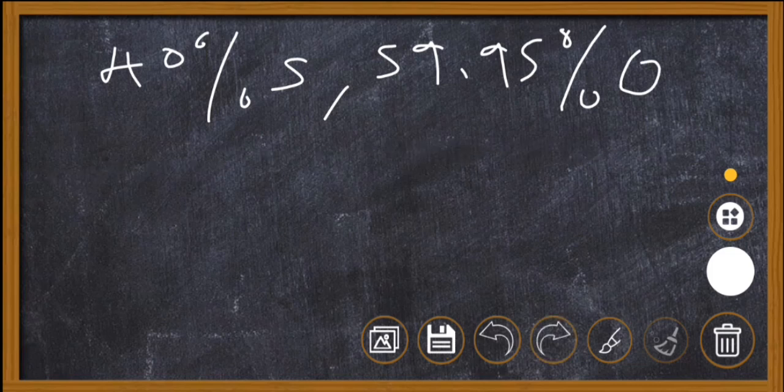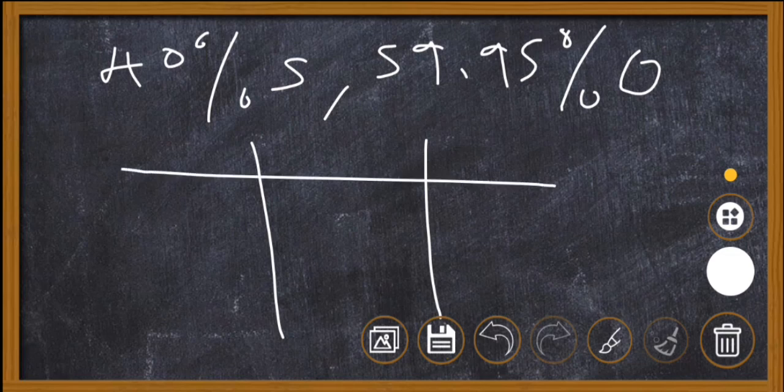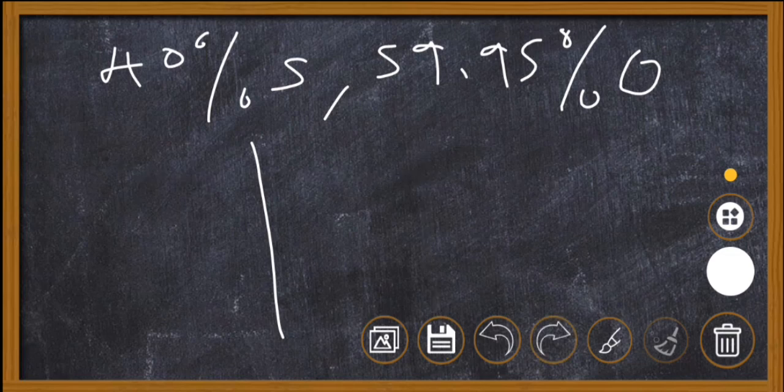So how can we calculate the empirical formula for sulfur oxide? We can simply begin by writing a table. There are many methods we can use, not only what I'm using, but this is just a simple way.